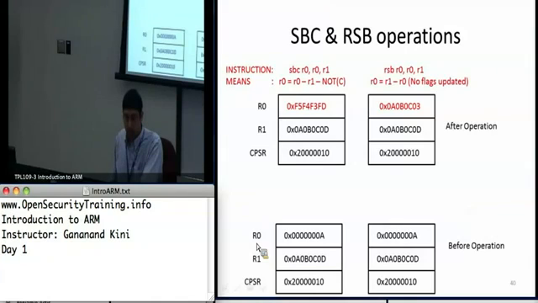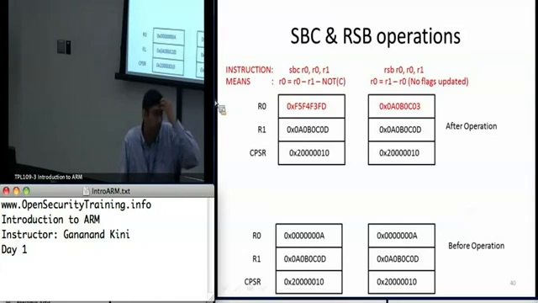Does that make sense? Why is the carry set? For the reverse subtract, why is the carry flag set after? The carry flag should not be set. And actually, in this example, one of the things, the CPSR, you're not going to see is accurate because the emulator is not accurate. So this is what you're going to see on the emulator.